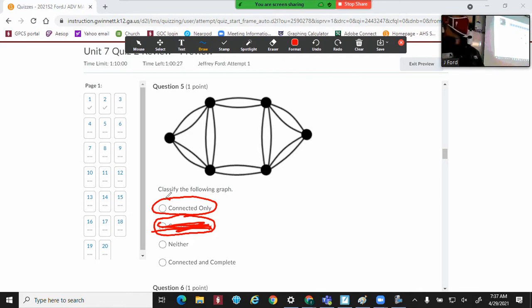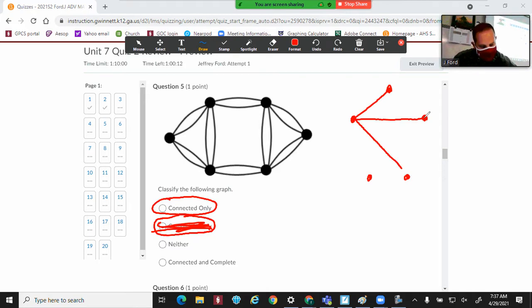Now let me give you an example of a complete graph. A complete graph would look like this, and I'm just going to use 5 vertices here. Notice how each vertex is touching every other vertex. I'm going to follow that throughout the entire picture.